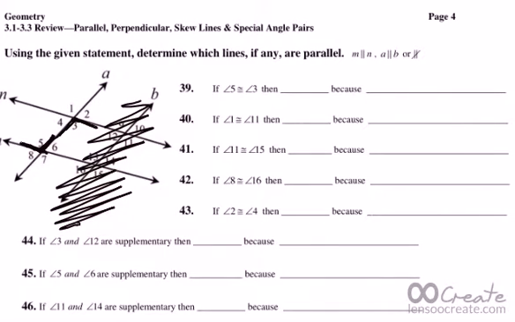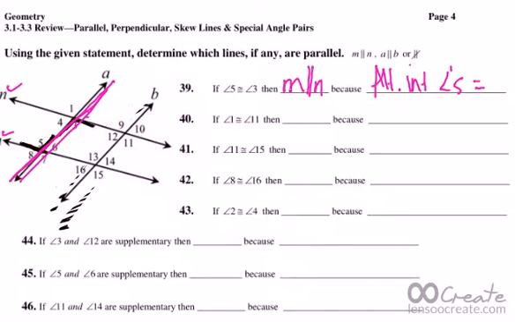That makes my transversal line A, and my two parallel lines then turn out to be M and N. So we say M is parallel to N because alternate interior angles are equal.